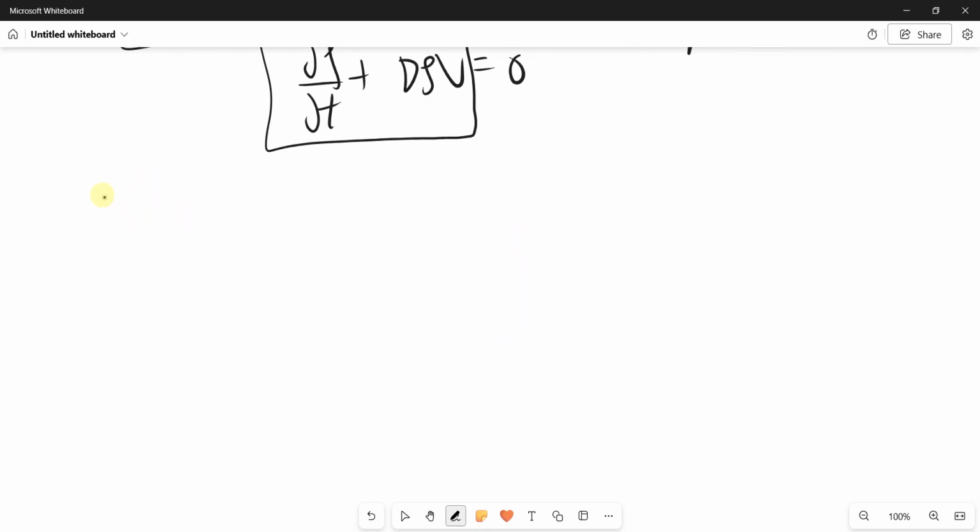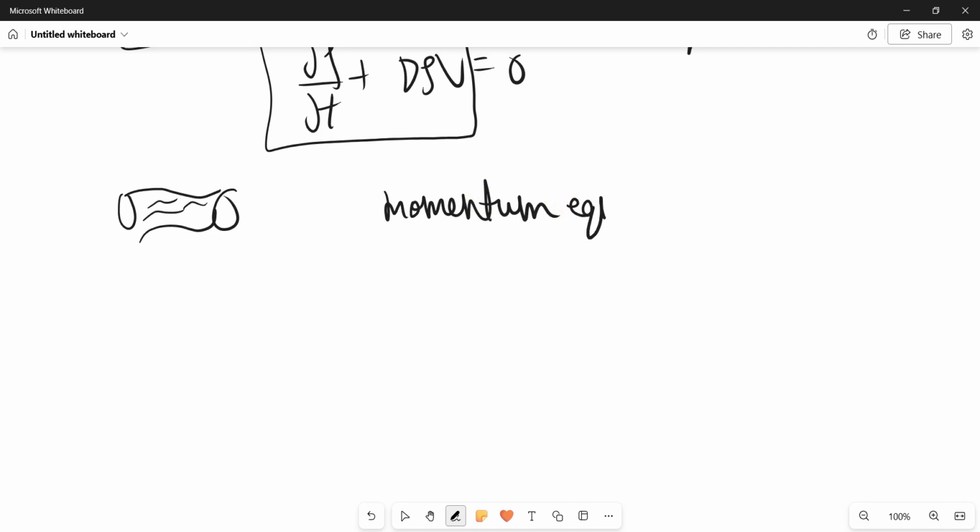So assume there's a flow of water, right? You use the momentum equations, and you have some values of u1, v1 and w1.